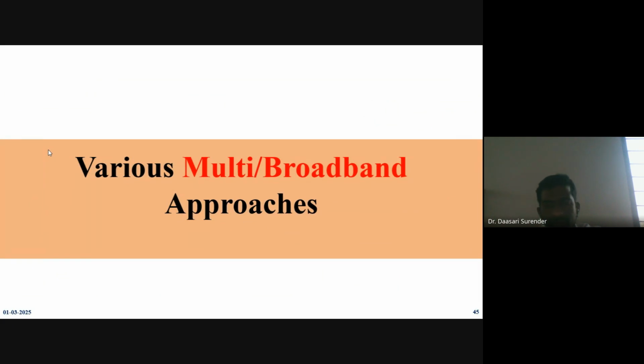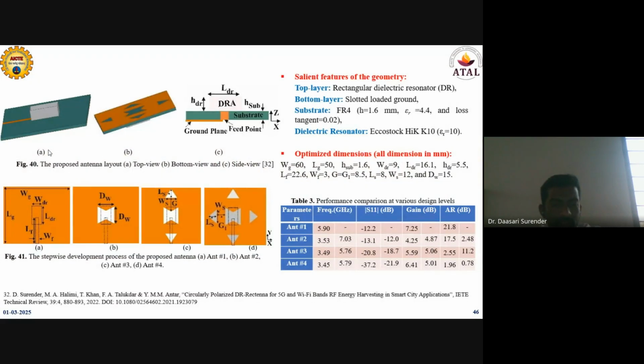And now various multiband and broadband approaches. This is one of the approaches to obtain dual band characteristics. Here, a slotted approach has been used with a dumbbell shape of slot in the ground plane. The rectangular dielectric resonator antenna is used, and by incorporating different slots, triangular shaped slots, in the ground plane, the resonance characteristics are observed at 3.45 and 5.79 gigahertz.